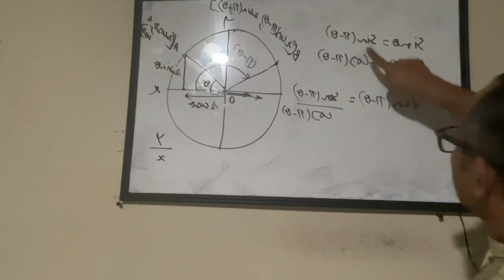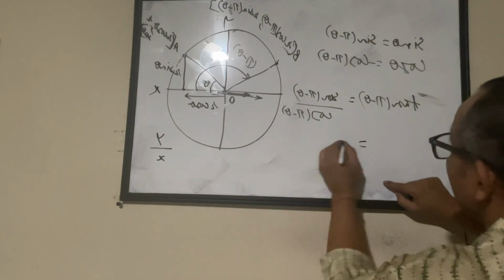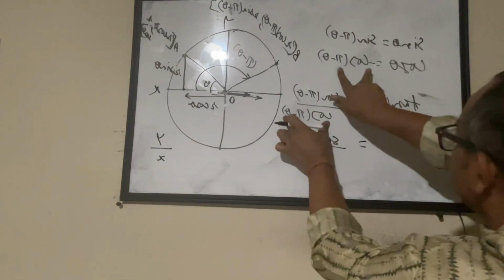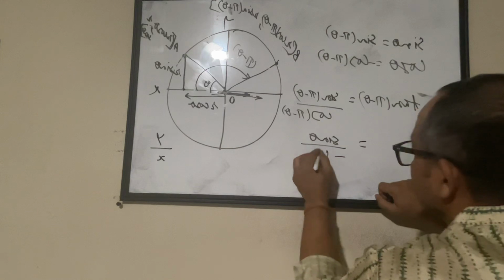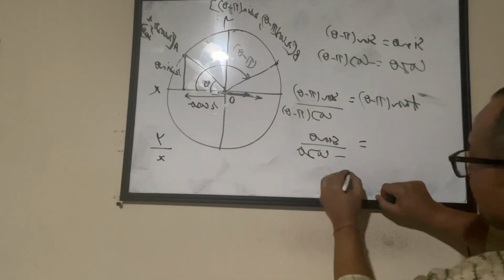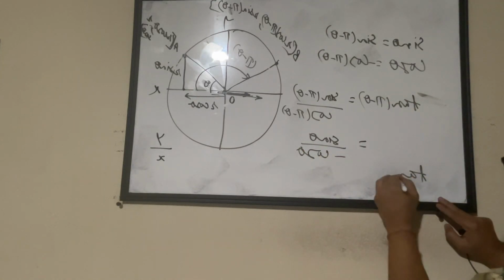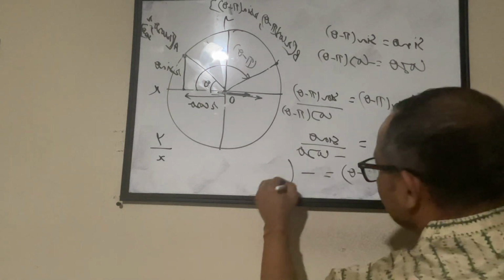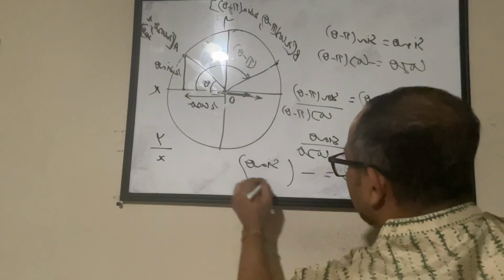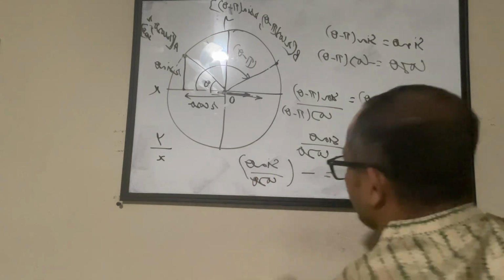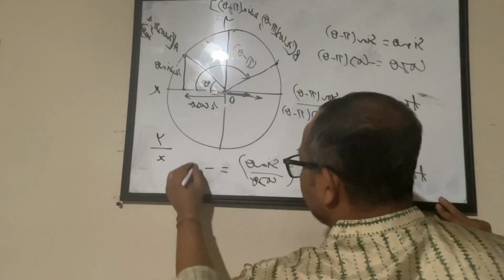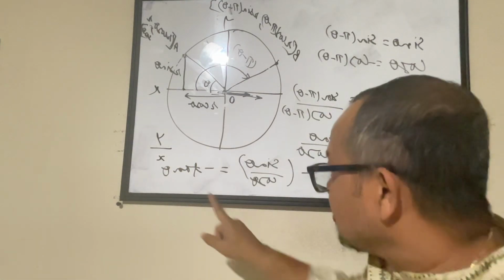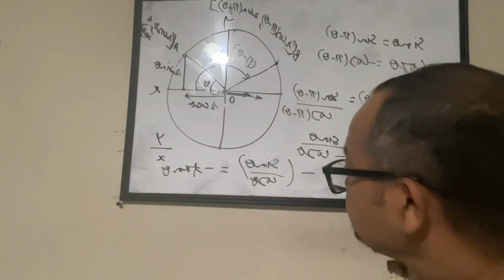Now you look at sine pi minus theta, it is nothing but sine theta. Cos pi minus theta is what? Minus of cos theta. So tan pi minus theta equals minus of sine theta by cos theta, which equals minus of tan theta. So what is the correlation that you can draw from here?